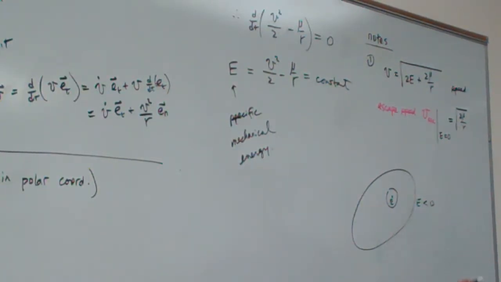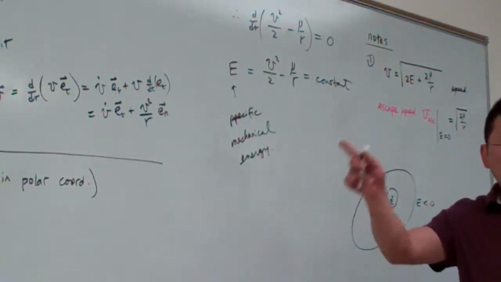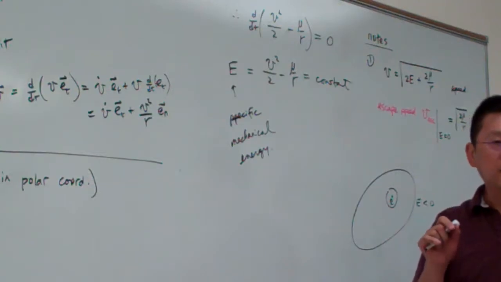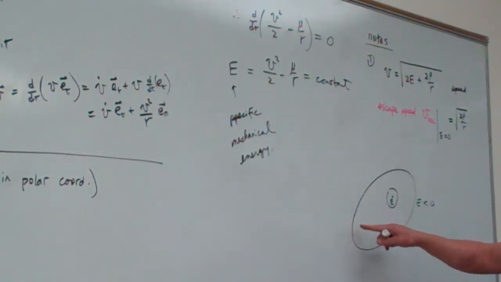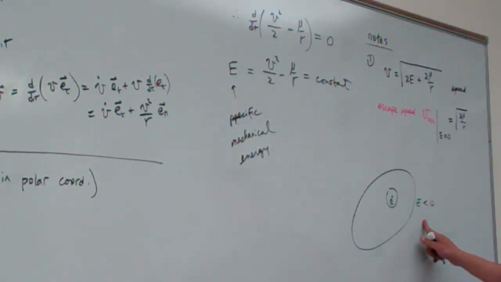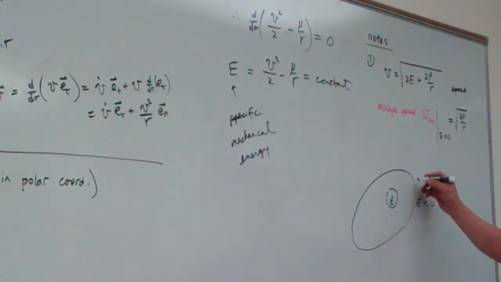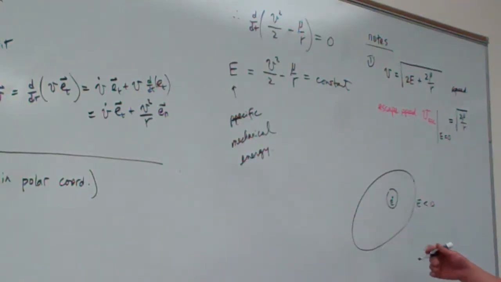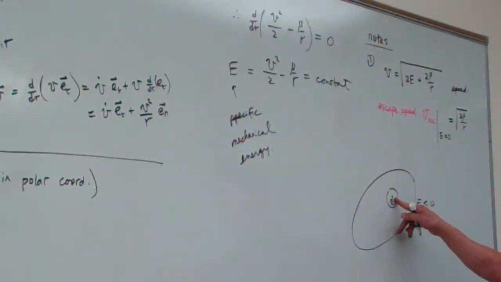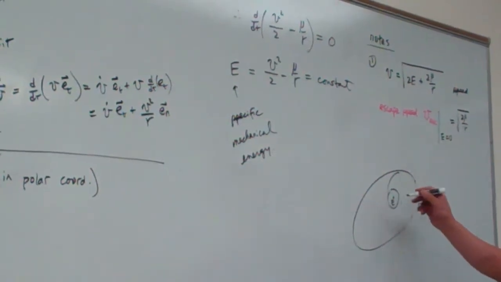As long as the orbits are elliptic, which means making cycles, they have energy less than 0. Which means those objects will be trapped by their hosting objects. It won't escape. It will be orbiting forever, or landing and crashing.